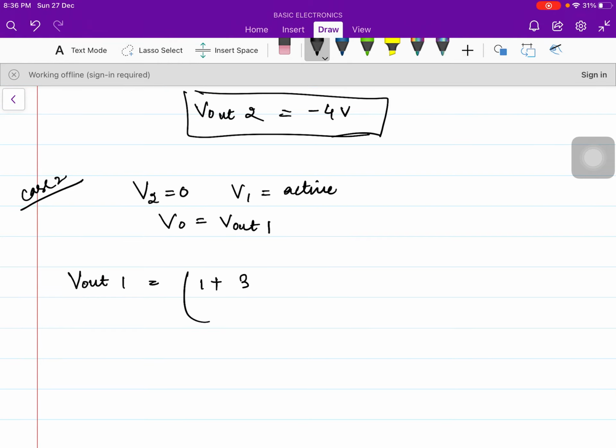So V out 1 will be 1 plus Rf by R1, that is 300K upon 150K, into Vx, and it will be 1 plus 2 Vx, that is 3 Vx.